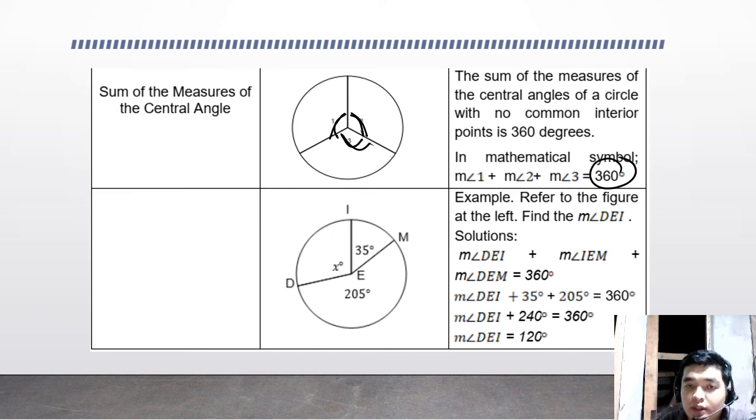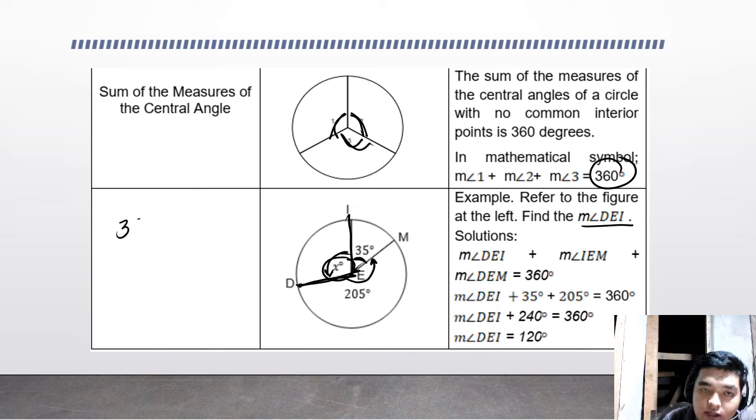Example. Refer to the figure at the left. Find the measure of DEI. This is D, this is E, this is I. So we're looking for this angle, the x degrees. Since this is 35 and this is 105, we know that one revolution is equal to 360.